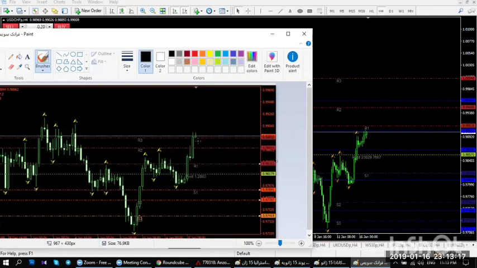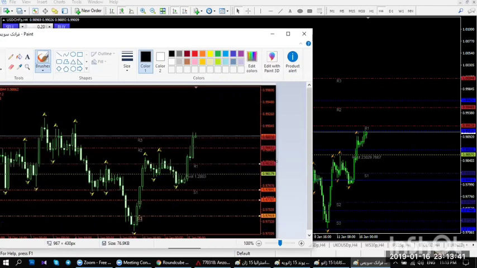Right now the pivots have been updated, but yesterday your R3 line had been broken too. The pivot yesterday was 0.98179, but now it's 0.91570.